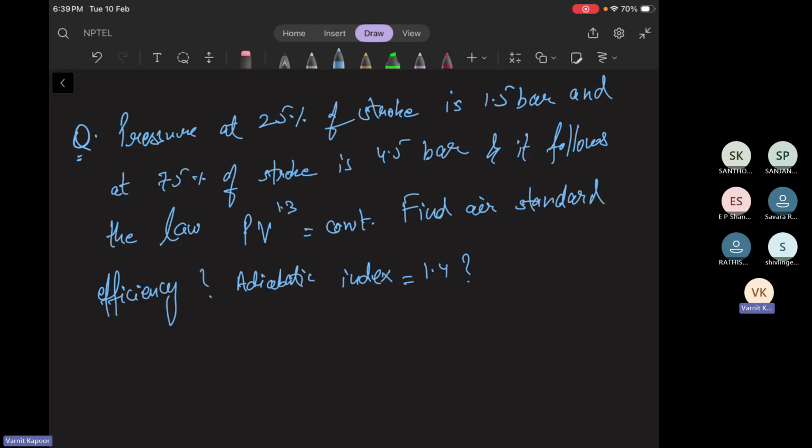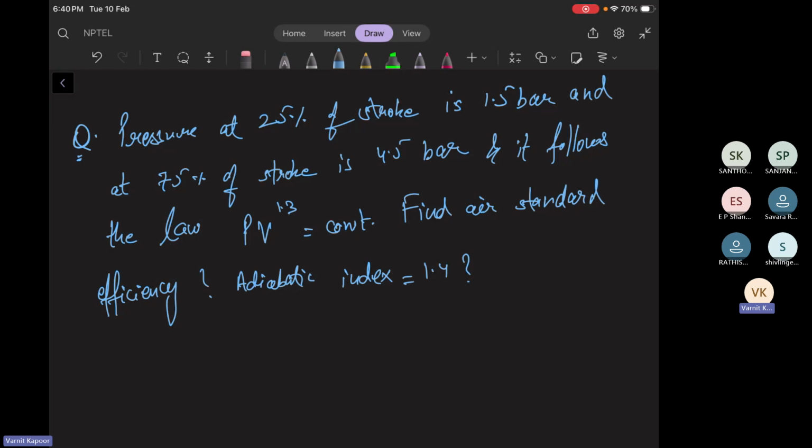Put 1.3 only in your answer and then solve, and see what value you get. Has anyone else also got it? So the value is coming 48.09%. All right, let us solve that.